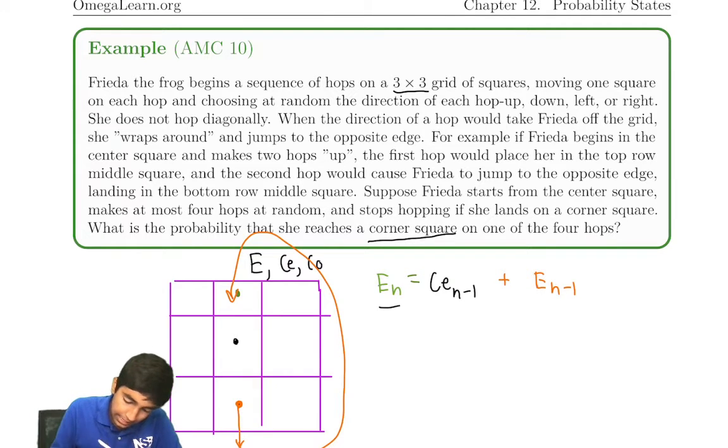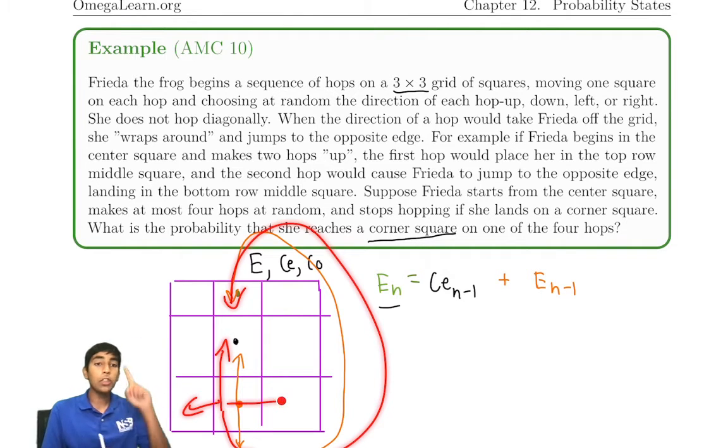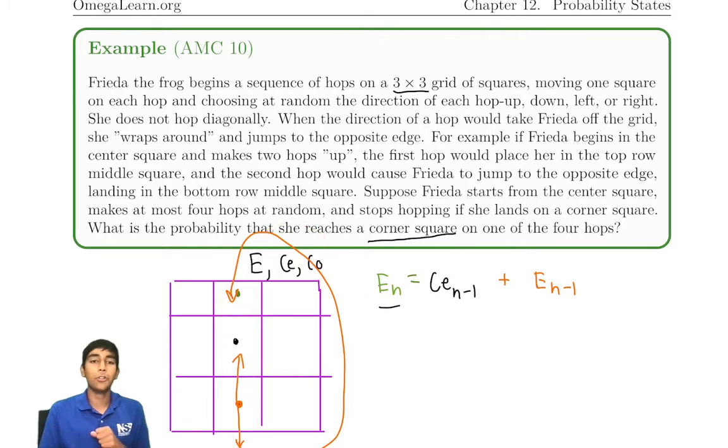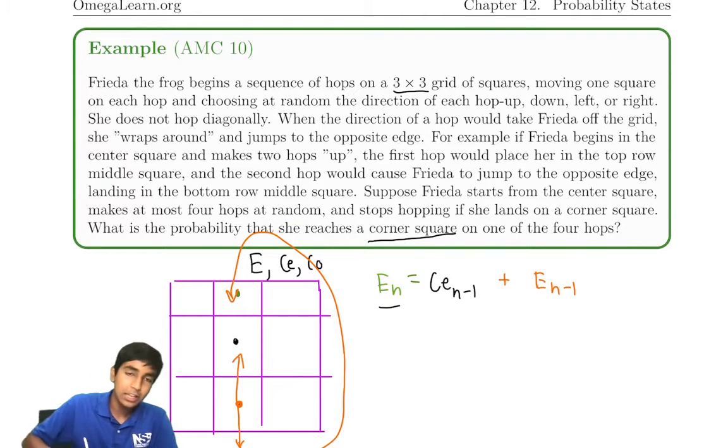From here, it has four choices with equal probability: the top, the wraparound, and two ways to go to the corners. So only one way goes to an edge. So it's actually just going to be 1/4 e of n minus 1. Interesting.